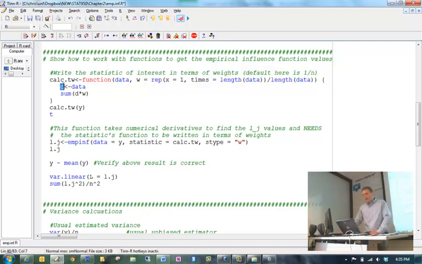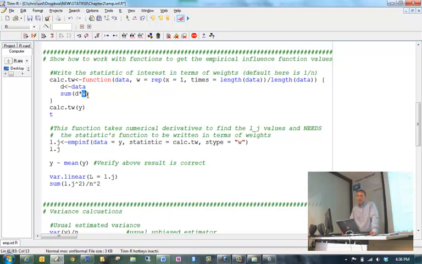Then I say d gets my data, and then I write my statistic in this form: the sum of all my data values, where each of them is weighted by, by default, 1 over n. So in essence, this is kind of like writing out the integral of y dF hat.